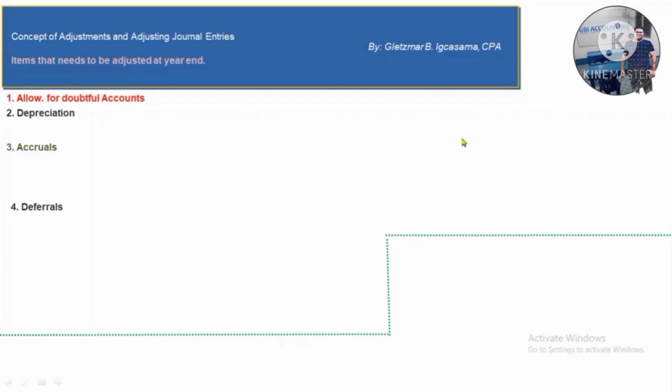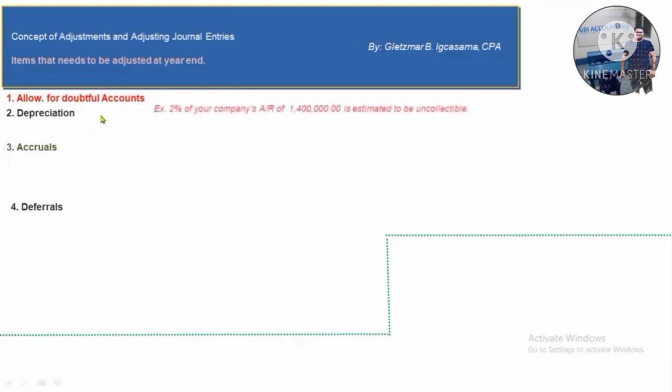So let's talk about allowance for doubtful accounts first. It is a fact that it is nearly impossible to collect 100% of your collectibles or receivables. That is why you need to estimate the doubtful accounts for collection based on the historical or past experience of the company, and that is what we call allowance for doubtful accounts.